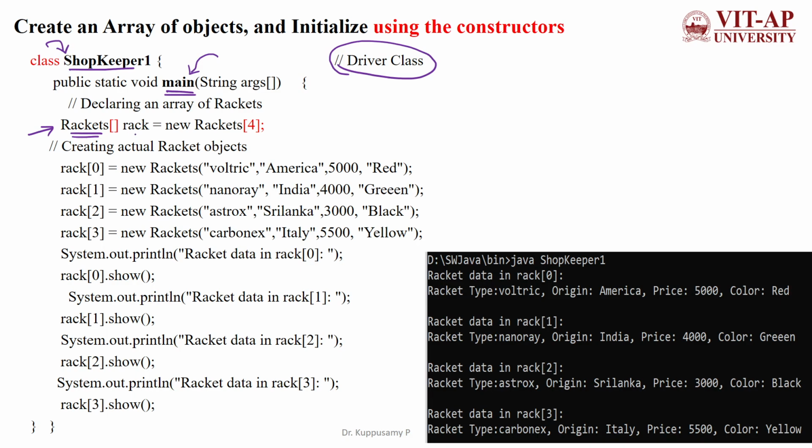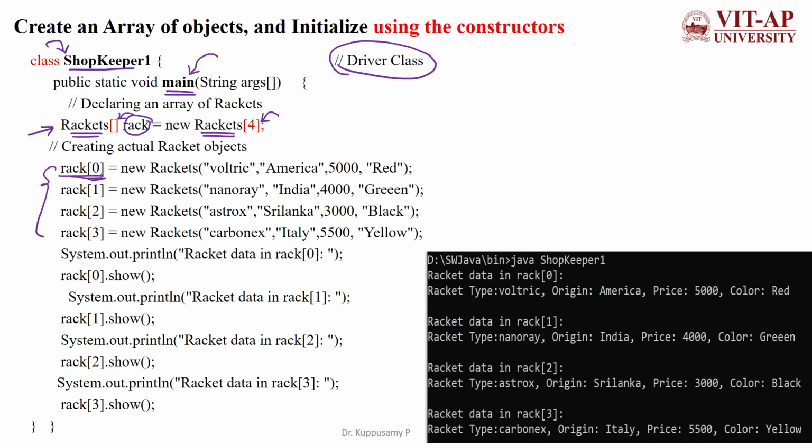Here the driver class is creating array of objects with respect to Rackets class, which is having the array length is 4. So array is always started with index 0. So here we are creating array of objects. First array index is 0. The object variable is rack.